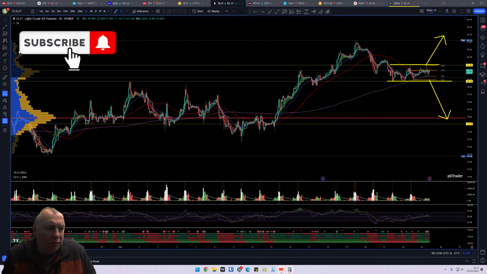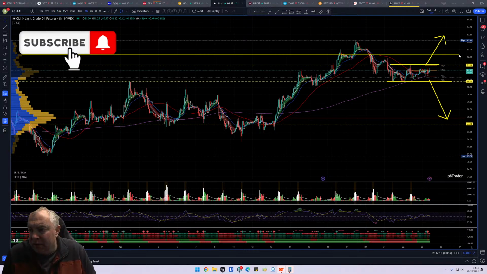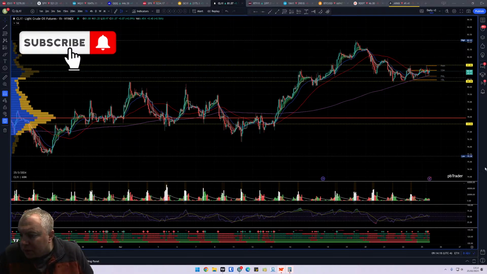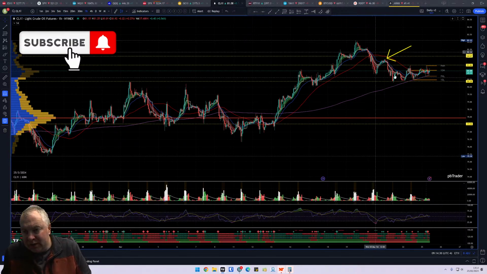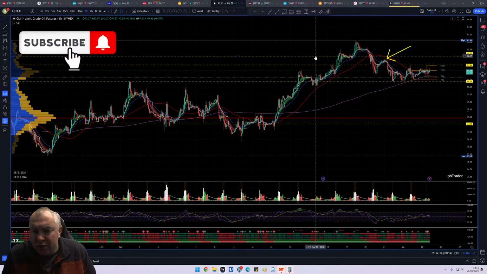Just looking at volume, there's a little bit of volume there, around 82 is a target, kind of between these two areas. So target 1 is 81.80, 82, target 2 is this defined area there, and that can also act as a rejection area as well if we get up there.